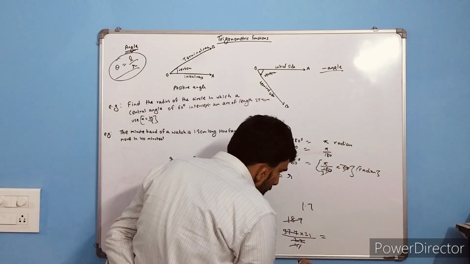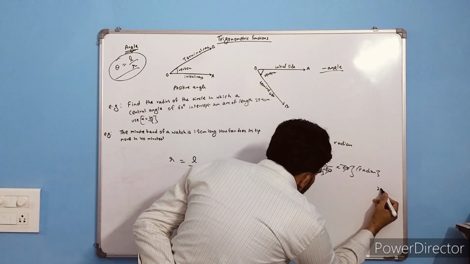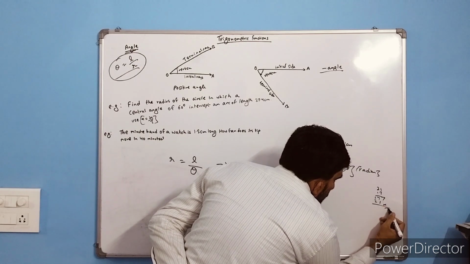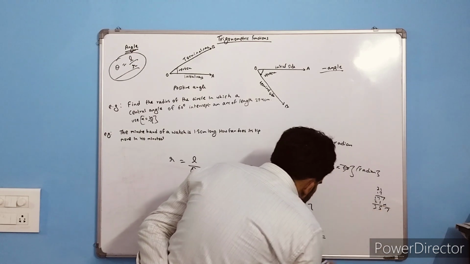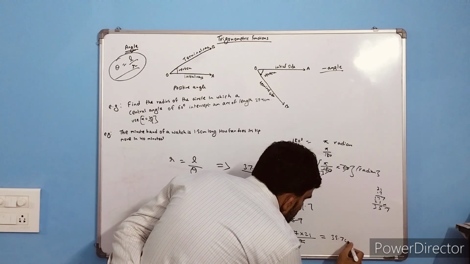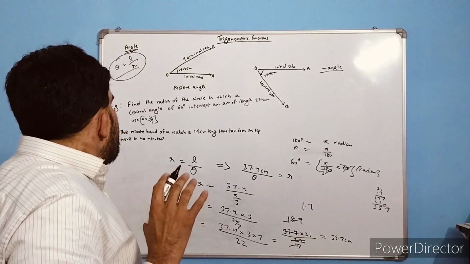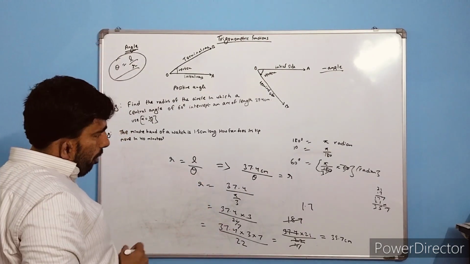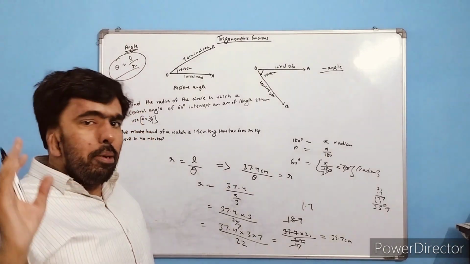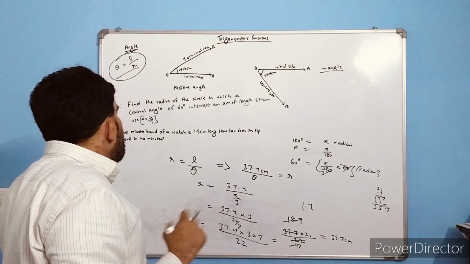Now multiply with this: 21 into 1.7 gives 35.7. That is how we can easily find the radius. The radius value is 35.7 centimeters. Let's hope it's clear now. Now we'll move to the next question.